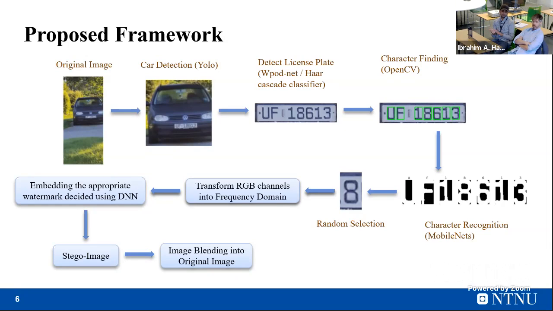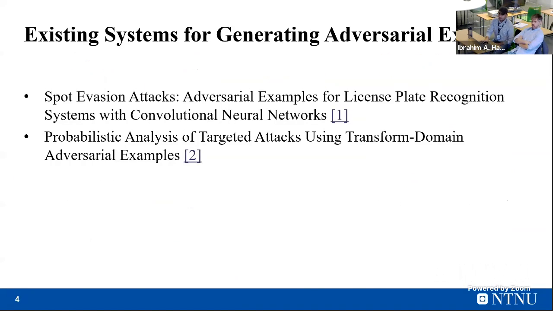But in fact, to be practical for license plates, you mentioned a method here called spot evasion attack. This is exciting because usually if you have your car and you want to attack some algorithms, I just need to find a spot and stick it to my license plates.